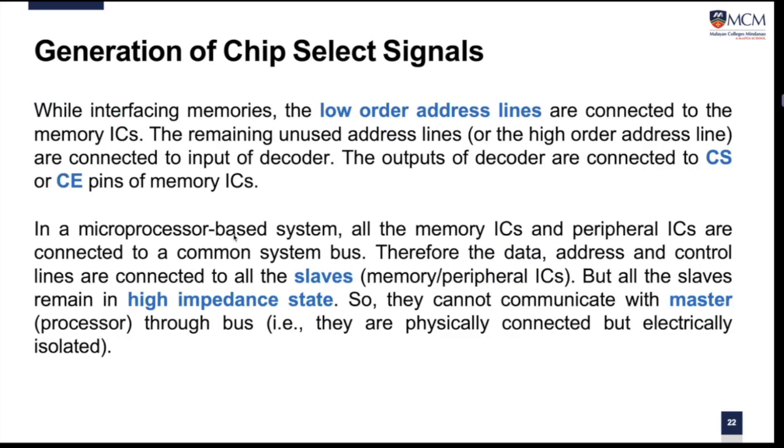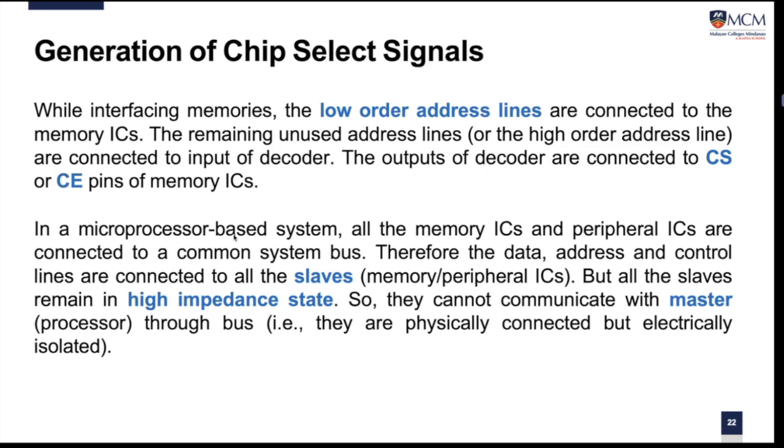So in the generation of chip select signals, while interfacing memories, the low address lines are connected to the memory ICs. The remaining unused address lines or the high order address lines are connected to the inputs of the decoder. The outputs of the decoder are connected to the CS or CE pins of memory ICs.